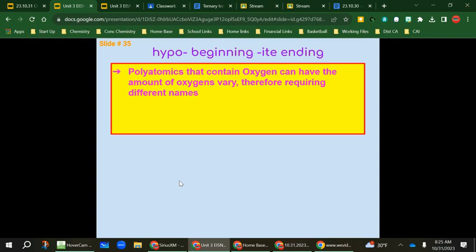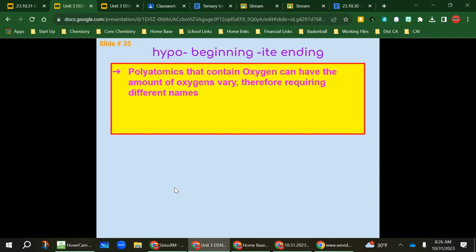If you lose one oxygen, you become an ITE ending. If you were to lose two oxygens, so now you went from NO3 down to NO, lost two oxygens, we would put a hypo in front, and we already have the ITE ending because we lost one oxygen. So you may lose one oxygen, you might lose two oxygens, or you could gain one.